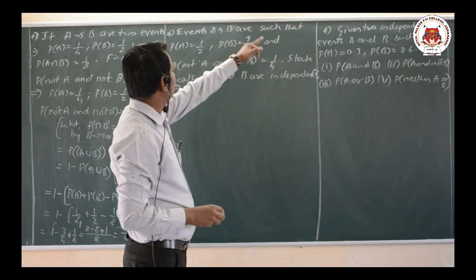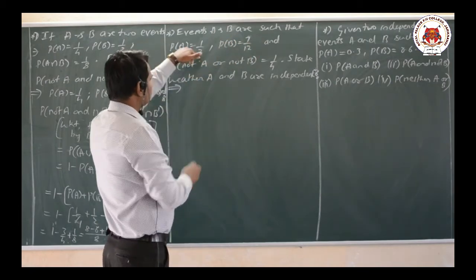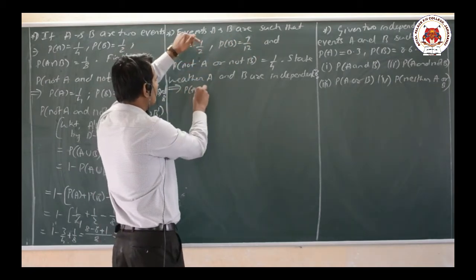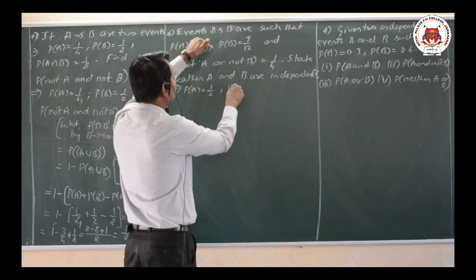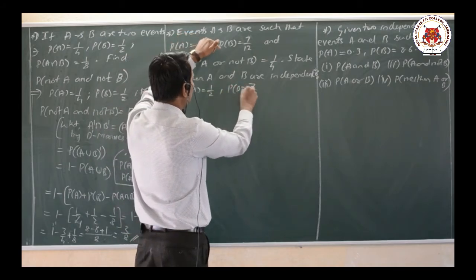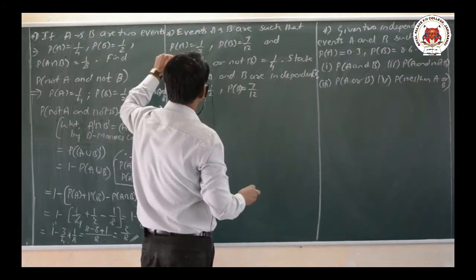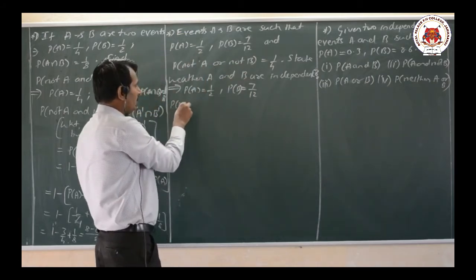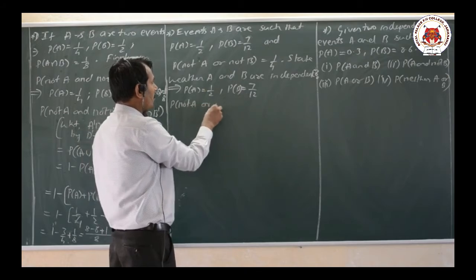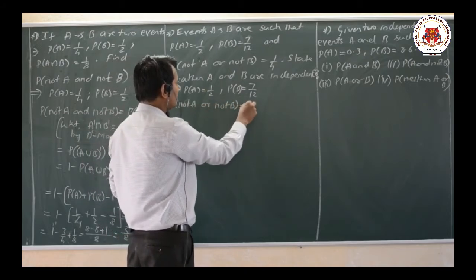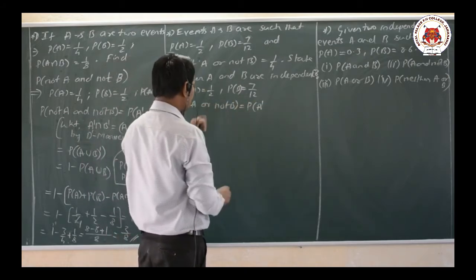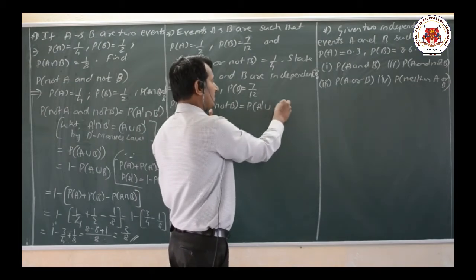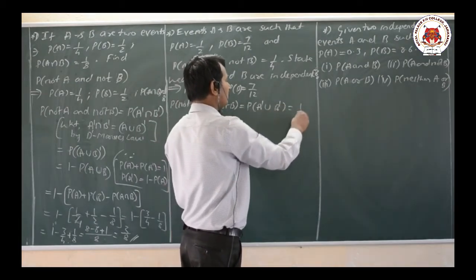If A and B are such that P of A is equal to 1 by 2, P of B is equal to 7 by 12, and P of not A or not B, that is very important, that is P of A dash union B dash, the value is 1 by 4.